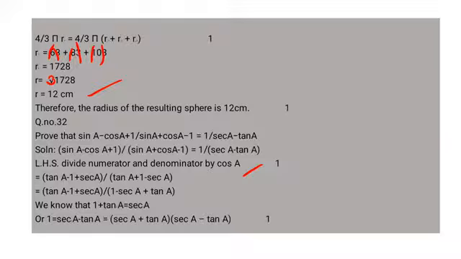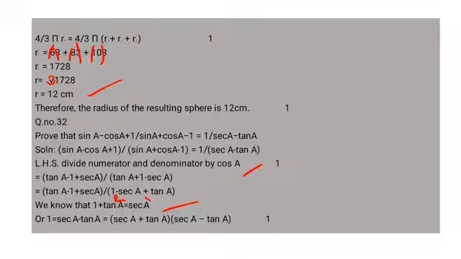Applying the identity 1 plus tan square A is equal to sec square A, so we get 1 is equal to (sec A minus tan A) square.